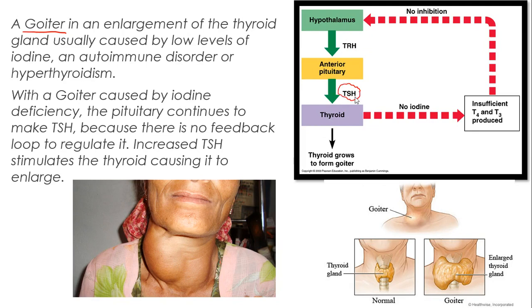And it thinks it's making something, but it's not making thyroxine. So there's no negative feedback. So it's constantly getting this signal, make more thyroxine, and it's getting bigger and bigger and bigger. Okay, because it's getting a constant message from the hypothalamus and pituitary, so it gets enlarged. Okay, goiter can also be caused by tumors, infections like autoimmune disorders like Graves' disease. Okay, so a goiter is just kind of any enlargement of the thyroid.